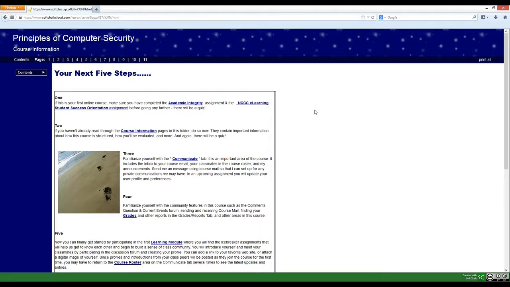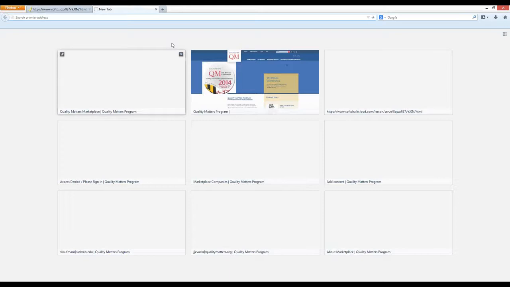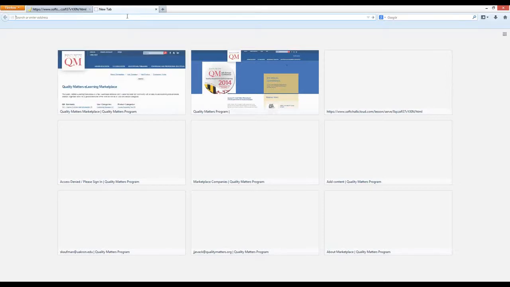Subscribers have access to the rubric through their subscribing institution. And I can share a link to the QM website also.